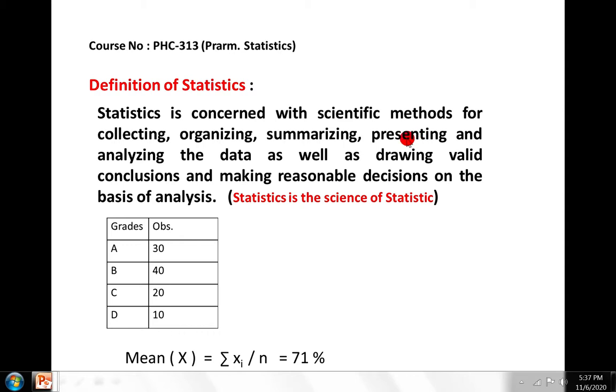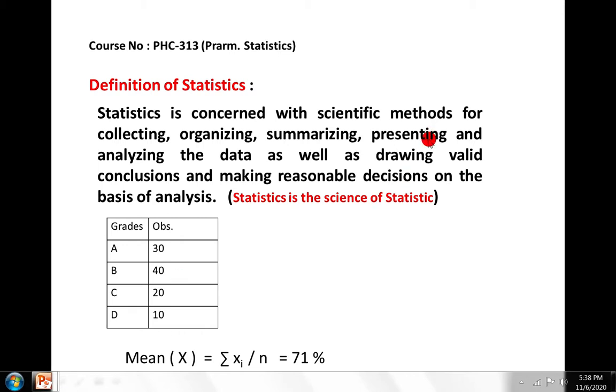We will study different graphical methods according to your syllabus. Four or five graphical methods are included in your syllabus. So presentation means with the help of tabulation or graphical methods you can represent the data.